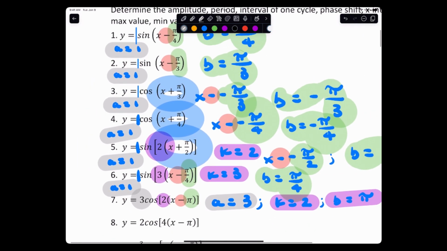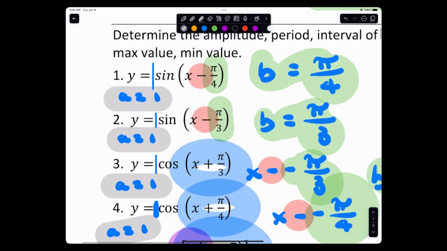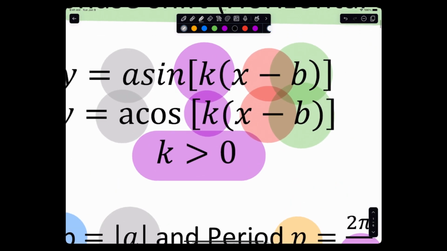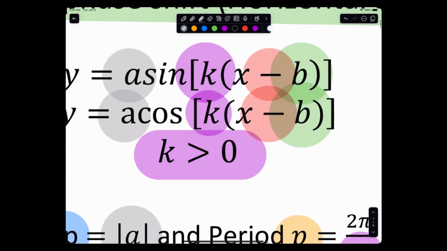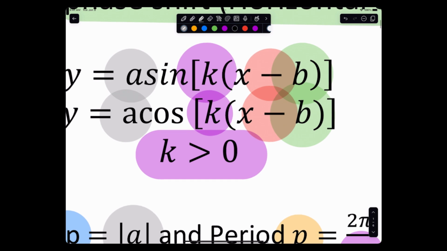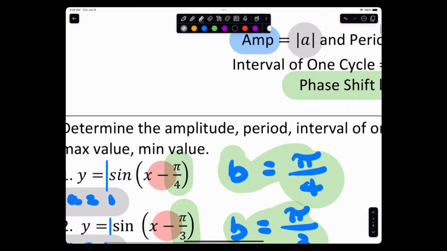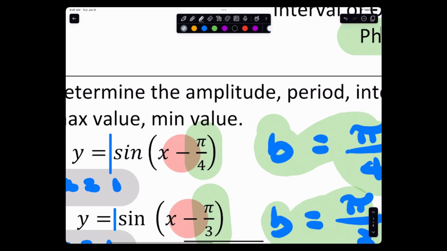Now, let me ask you a question here. Go back to the first one. What is K? Because if we look at the graphing format, you say there's a K in front of the signs inside there. You see the K value? So what would K be for question 1? Also the same. You say, hey, can I put a 1 here too? Yes, let me go back and do that.